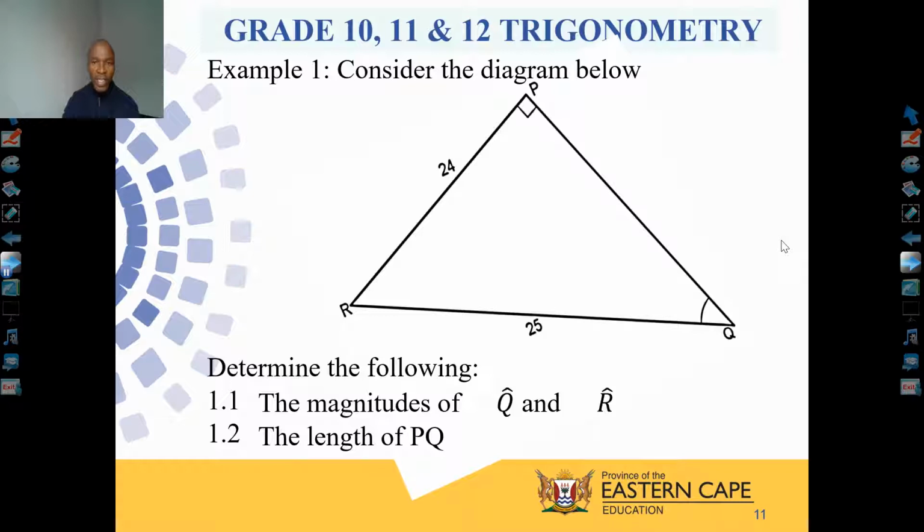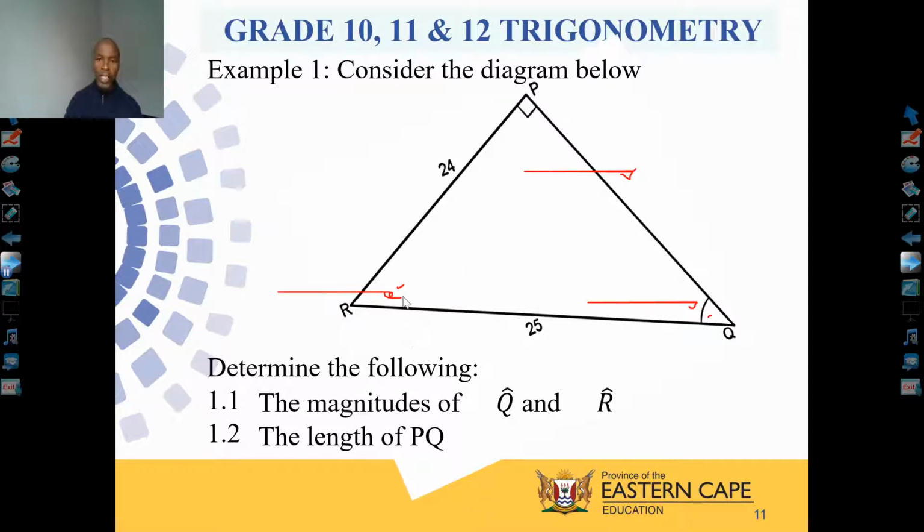If you consider the diagram below, you are asked to determine the following: 1.1, the magnitude of angle Q and angle R. So angle Q is that one, as well as angle R is that one. So we are looking for this angle as well as that angle, right? And then determine the length of PQ.